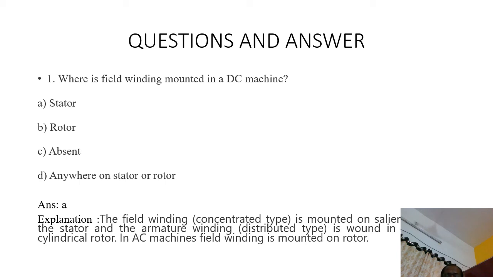Stator or rotor? You know that the stator has poles and the rotor has the armature. On the pole, the field winding is mounted. The pole is located inside the stator. So what is the answer from A, B, C, D, E? Stator is the answer. Right, very good.